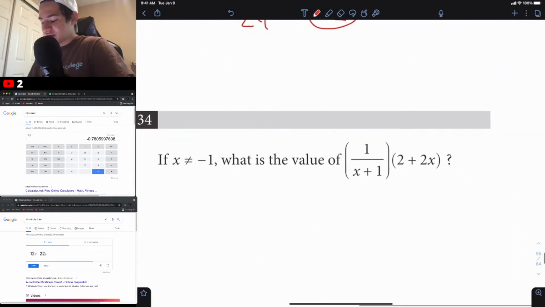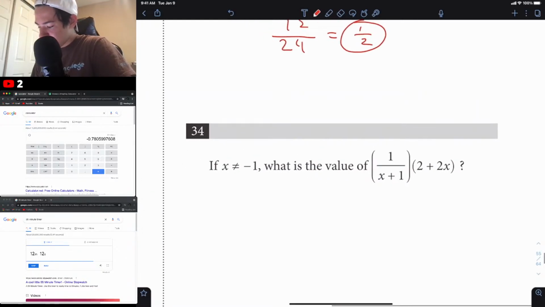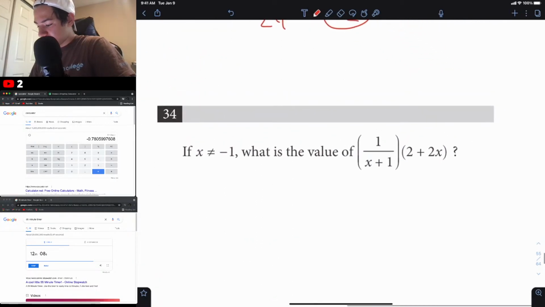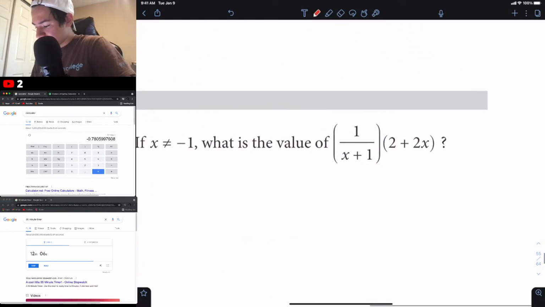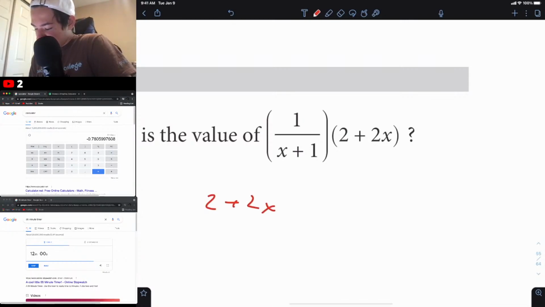If x does not equal negative 1, then what is the value of this? So if x does not equal negative 1. Huh. Well, that's pretty interesting. So let's go ahead and do that. So we get 2 plus 2x over x plus 1.